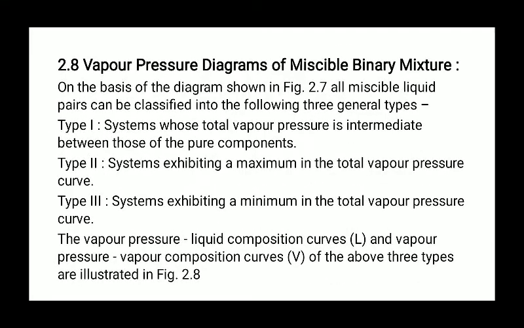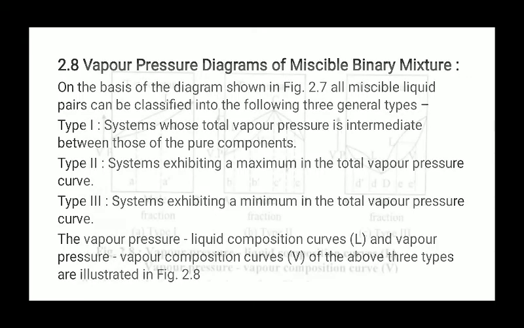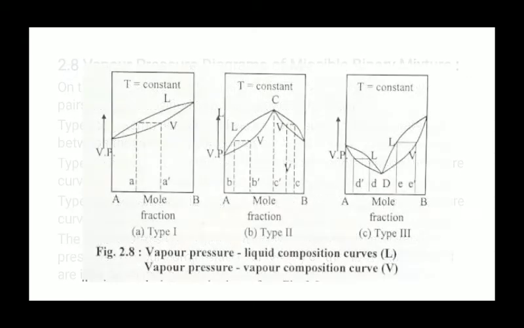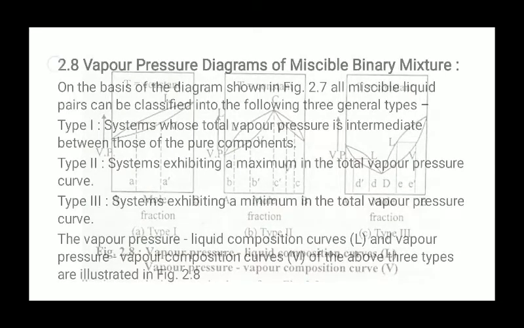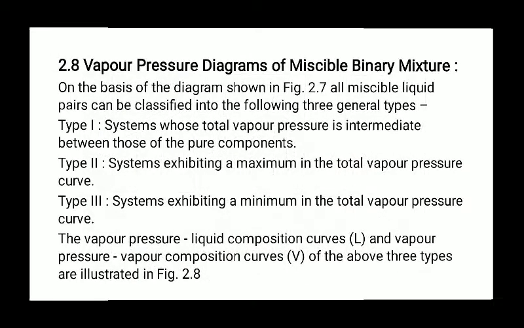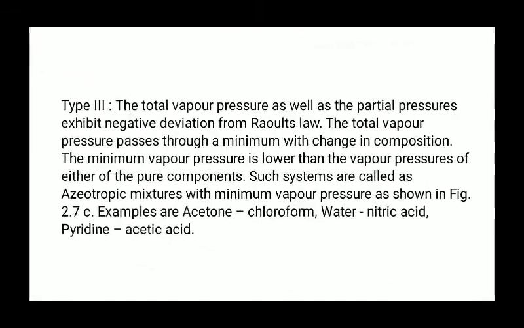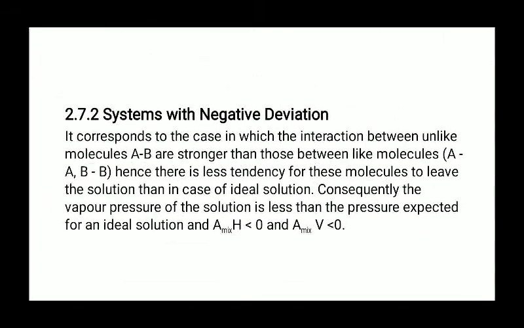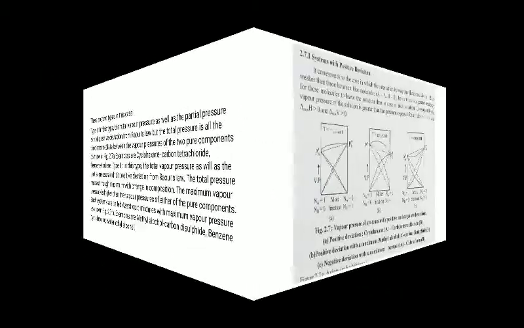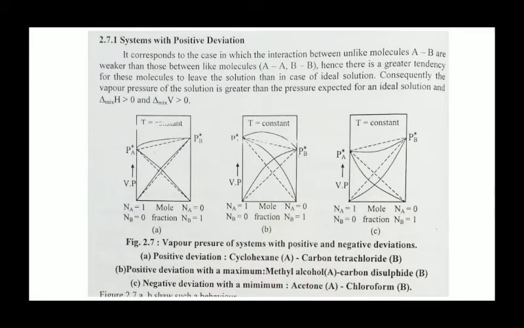Vapor pressure diagram of miscible binary mixture. On the basis of the diagram as shown in this figure, all miscible liquid pairs can be classified into three types.